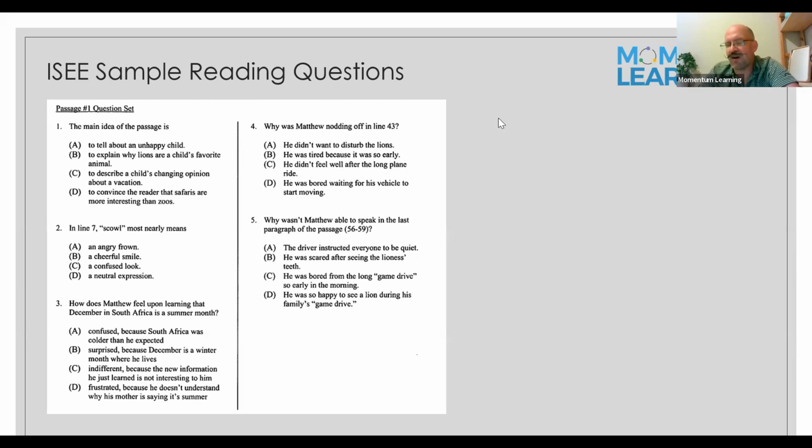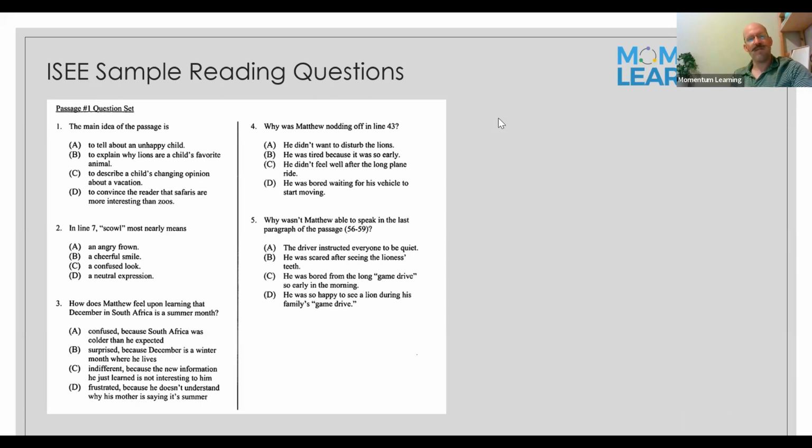Another type that would fall in here is your supporting details questions, and your summary questions. So that's your first type. Your second type is your context clues questions. It's almost similar to the type of question that we saw in the verbal reasoning part.